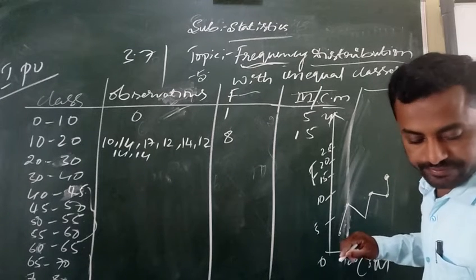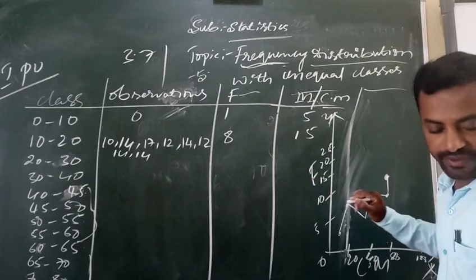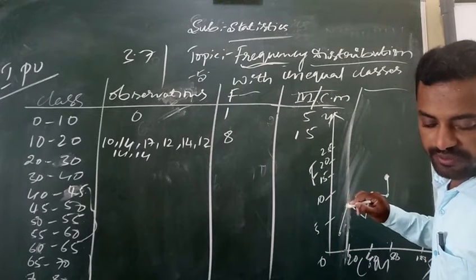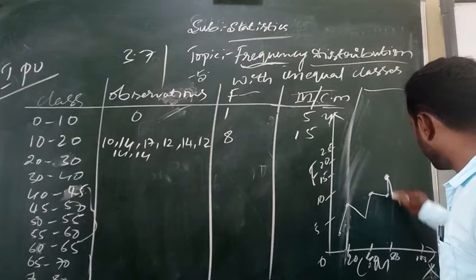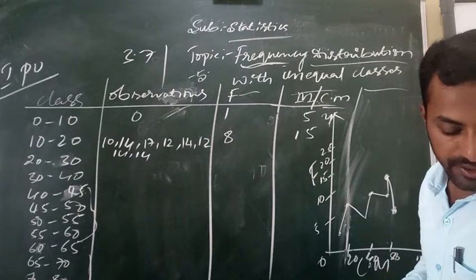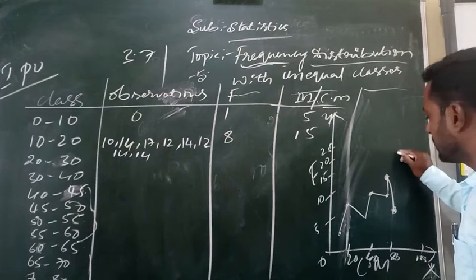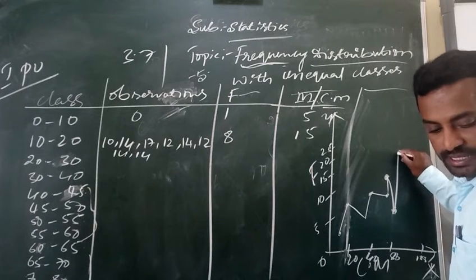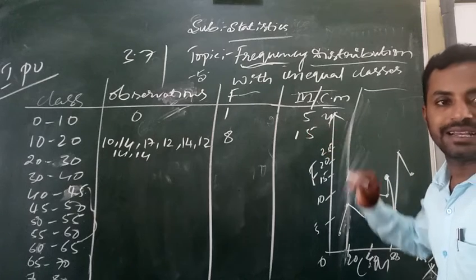Then another value 7, 52.5. Like that we will draw the frequency curve, with the help of the frequency and class mark.